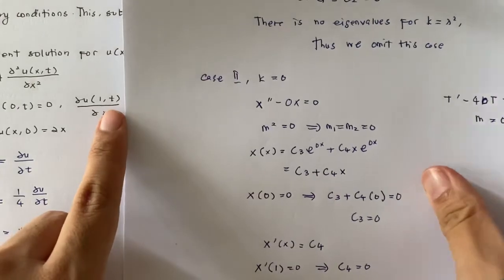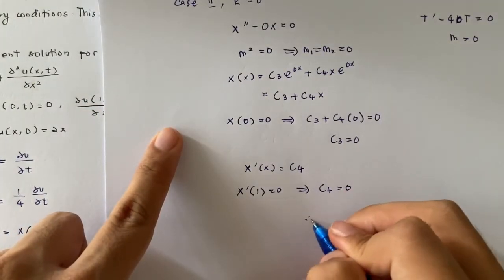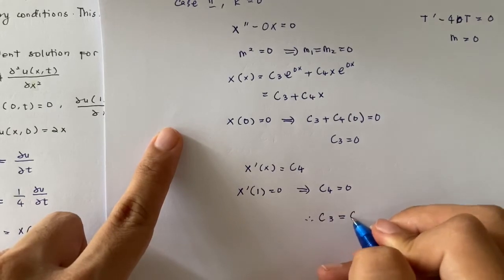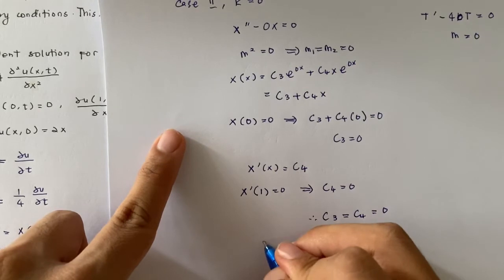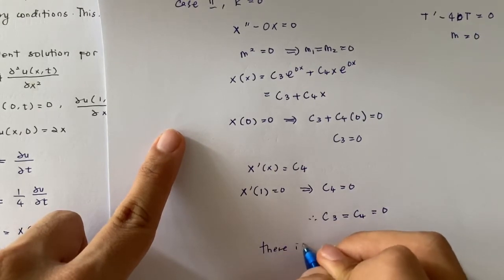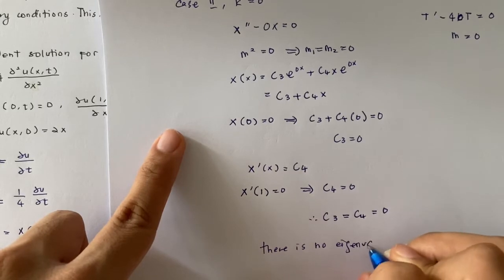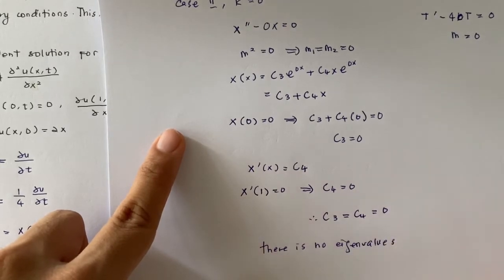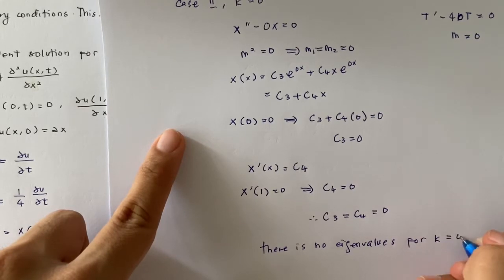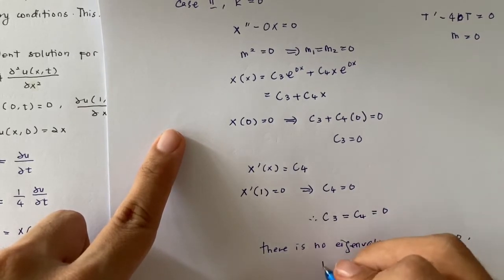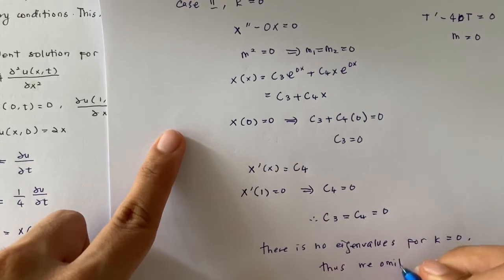Again, you have c3 and c4. Since c3 equal to c4 equal to 0, there is no eigenvalue for the second case where k equal to 0. We omit the case.